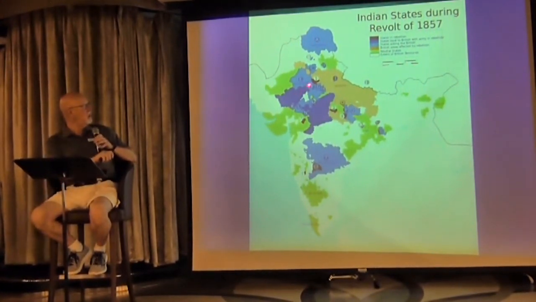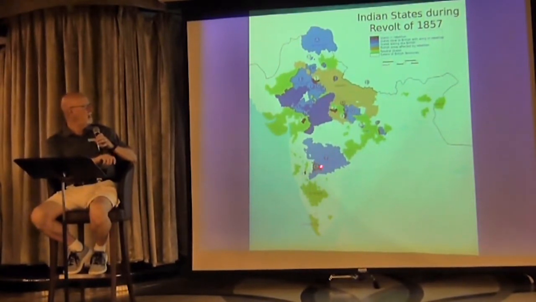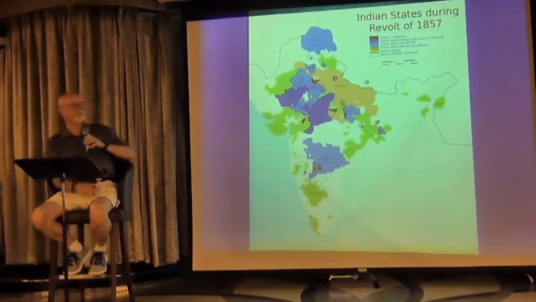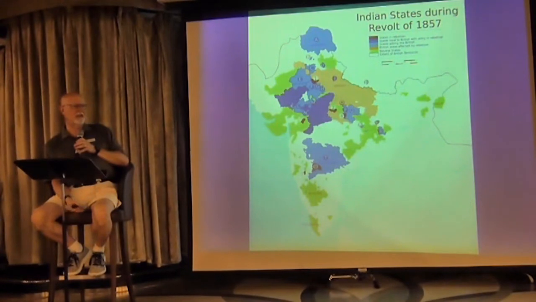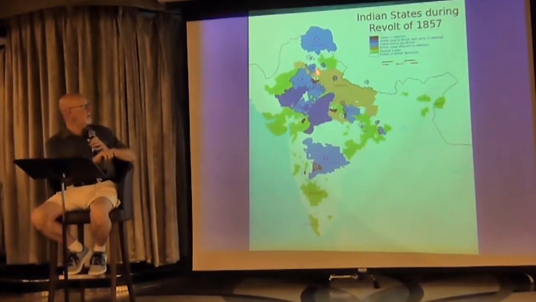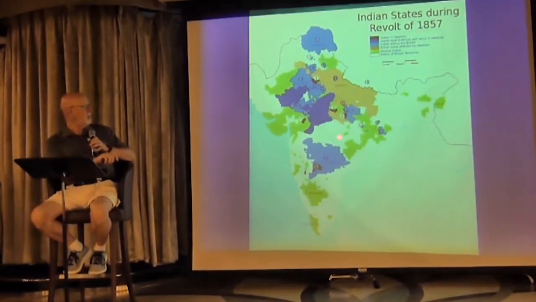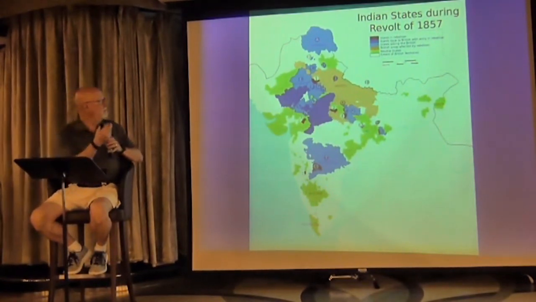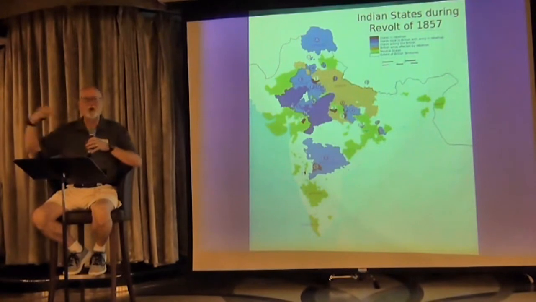The darkest colors are the ones that were in absolute rebellion, and there are smaller pockets. And then the lighter it gets, the more they were in favor of maintaining relations with Britain and not being rebellious. The areas that are in white, Hyderabad, for instance, and others, actually wanted to stay.